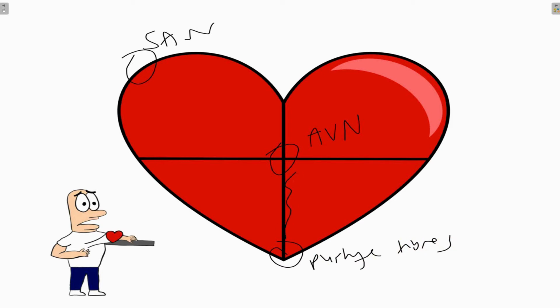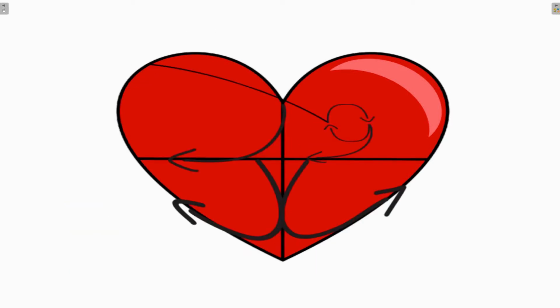Now, most arrhythmias are caused by the formation of what we call reentry circuits, and this disrupts electrical conduction in the heart, and it most commonly occurs in the atria. So the electrical activity sort of goes in a circle before going back down, and so the heart can contract irregularly.